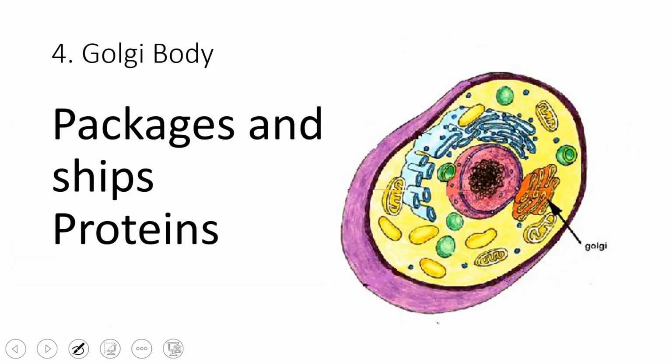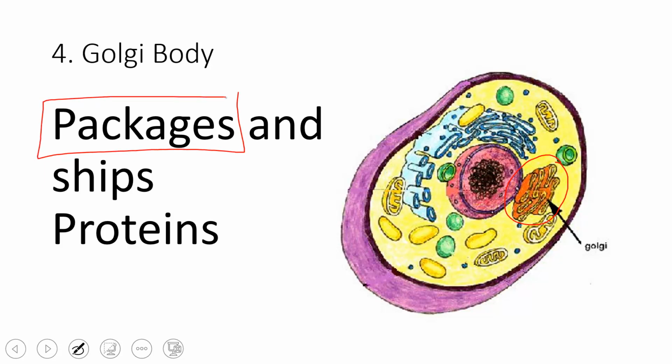The next organelle is called the Golgi body. As you can see in the picture, the Golgi body is this orange organelle that's here. Now, it's also involved in proteins too, but its job is to package the proteins.